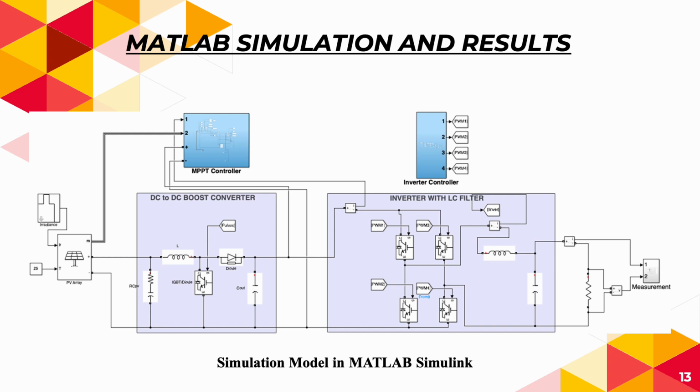Here is a DC to DC boost converter, here is the inverter LC filter, and these are the controller. Here is the load. So now we can go through the simulation result.